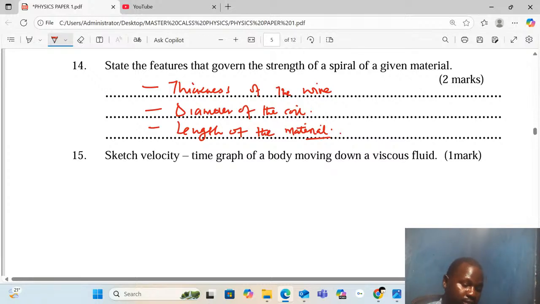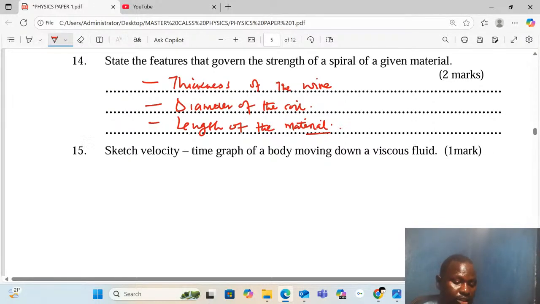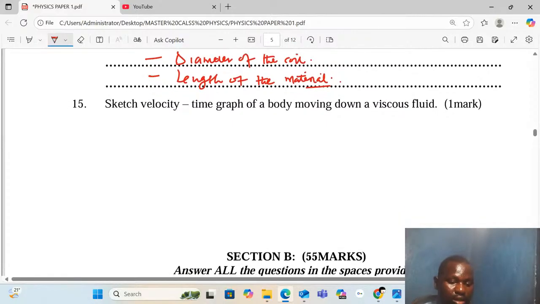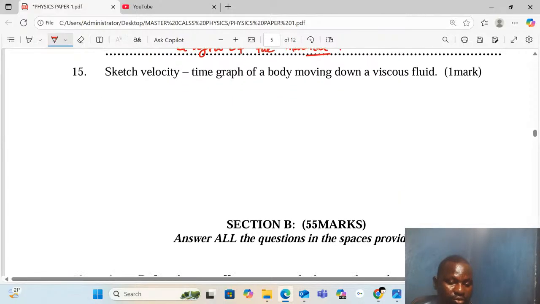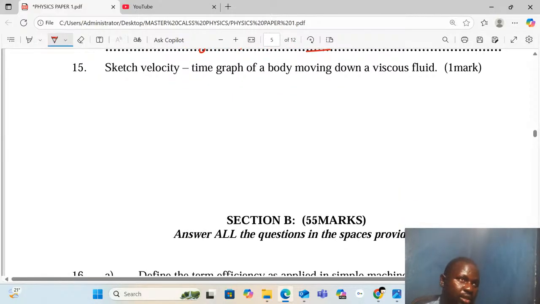You are told in question 15, sketch the time graph for a body moving down a viscous fluid. So we know that this body will move with an increase in speed up to a certain level where it comes to move with a constant speed.